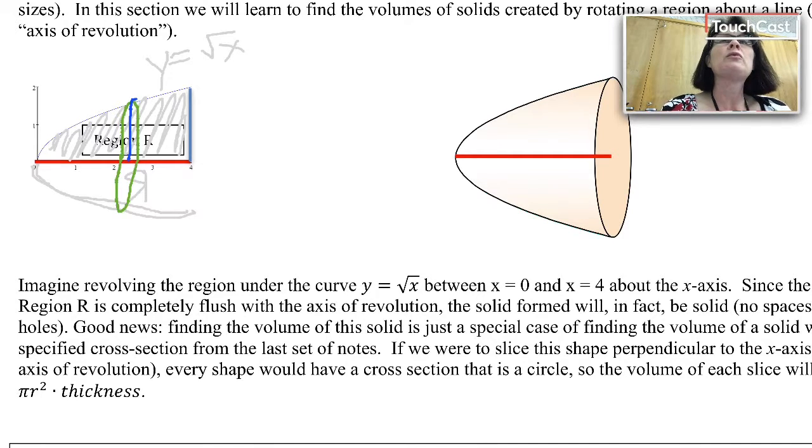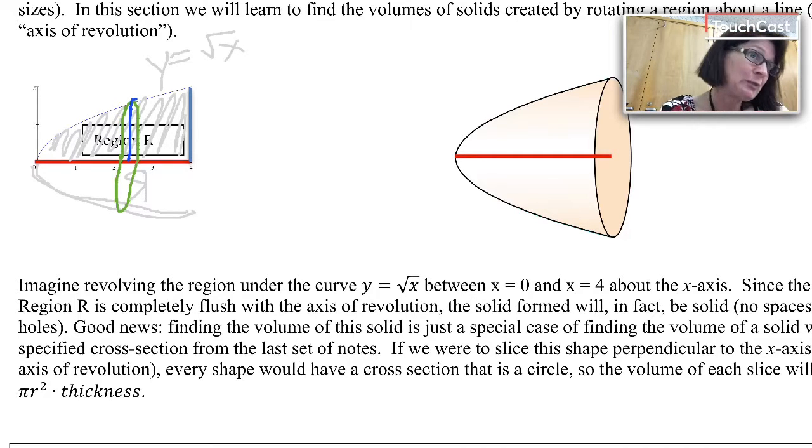Okay, so part 6 says use horizontal or vertical distances to write an expression for the blue radius of your green slice. So my blue radius is a vertical line segment, which means if I wanted to find out how tall it was, I would subtract the top y minus the bottom y, because the 2 points at the top and the bottom of that blue radius have the same x, so the x's don't figure into the distance of that blue line segment.